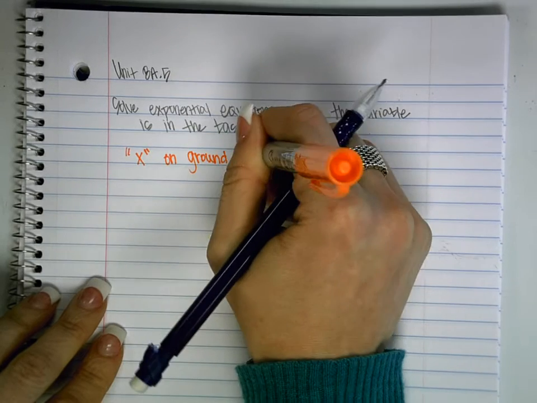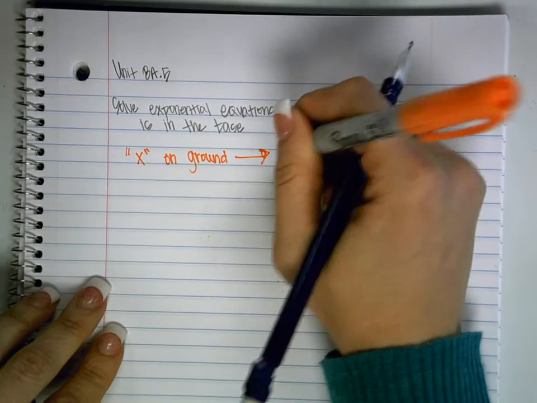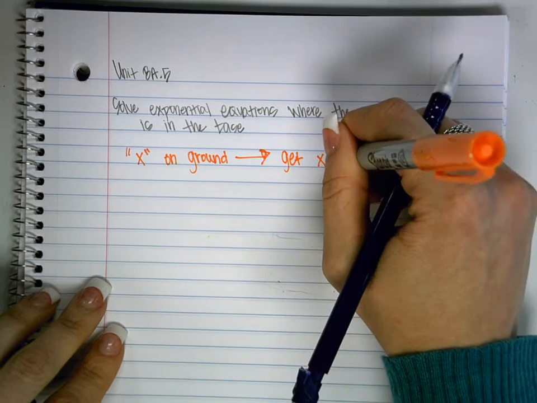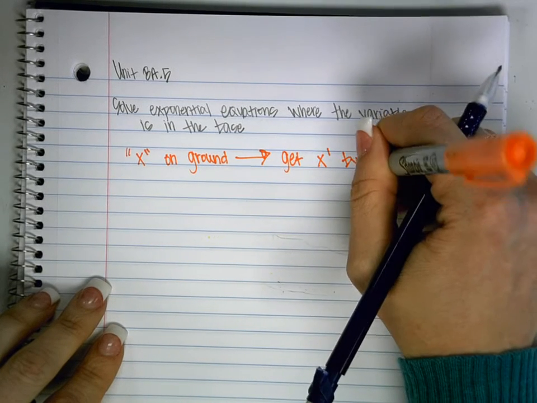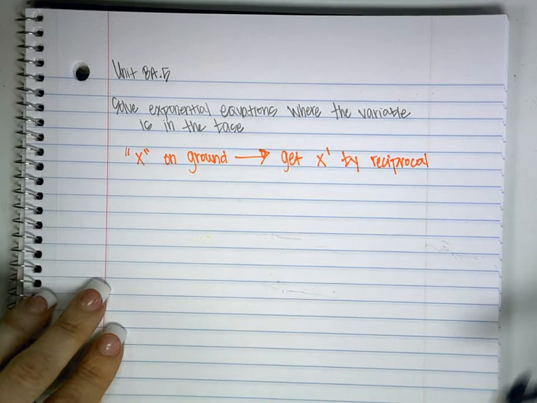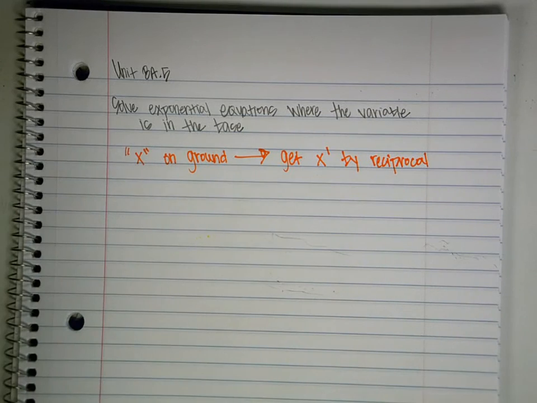If the x is on the ground, we need to get x to the first by the reciprocal. That's your key to knowing what to do for which type of problem. Today we're working on getting x to the first by the reciprocal.